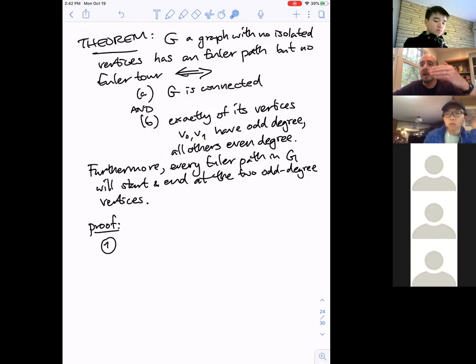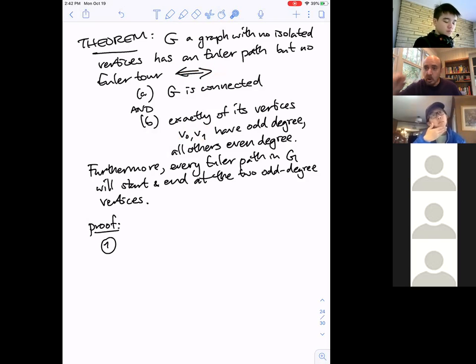Well, there's two directions. First of all, the forward direction is very similar to the other proof. When you're trying to show the forward implication here, the Euler path will connect every pair of vertices. That's not too hard to see: for every pair of vertices, you can follow a subset of the path and get a path between them.